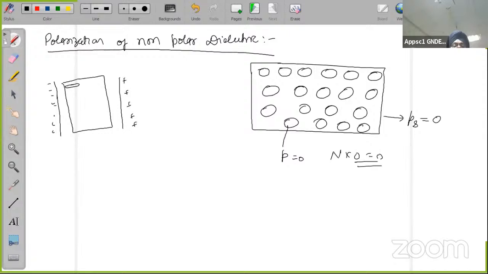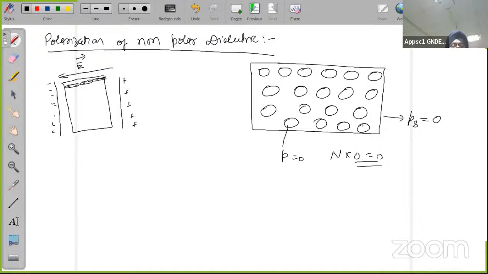So each molecule which was non-polar, because of the attraction by the external electric field, which is directed from positive to negative, will become polar.